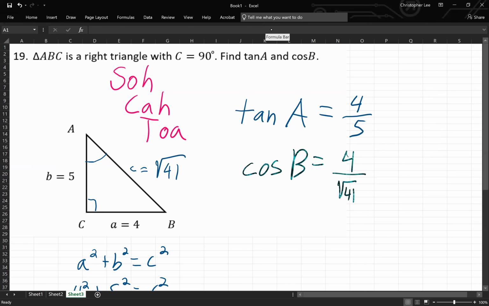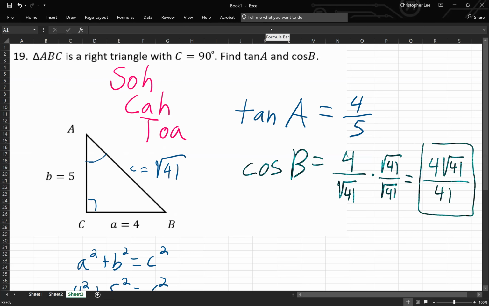Now, it's illegal for me to have radicals in my denominator, so I have to rationalize it, right? So I'm going to multiply this by square root 41 over square root 41. So my final answer is what? It's 4 square root 41 over 41. That's cosine of B.